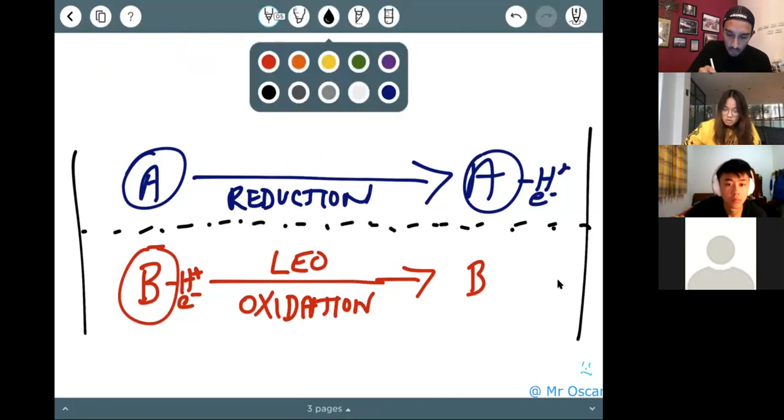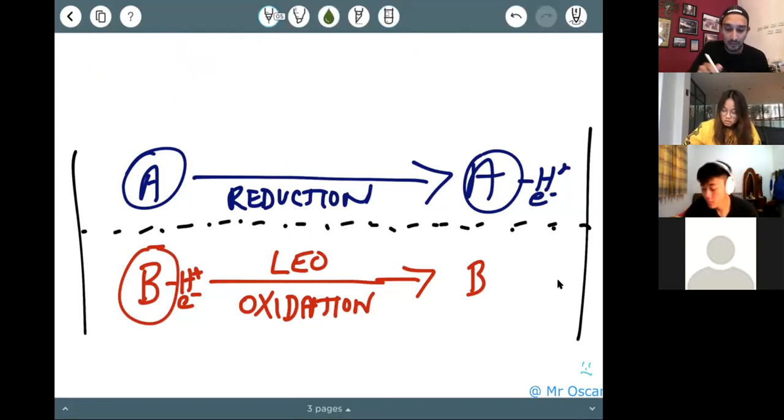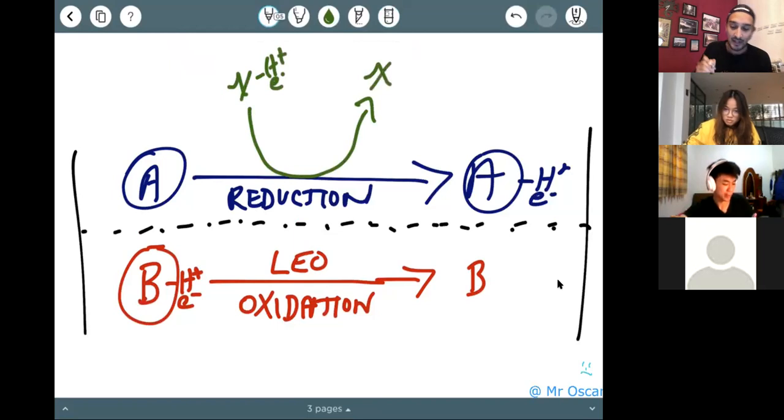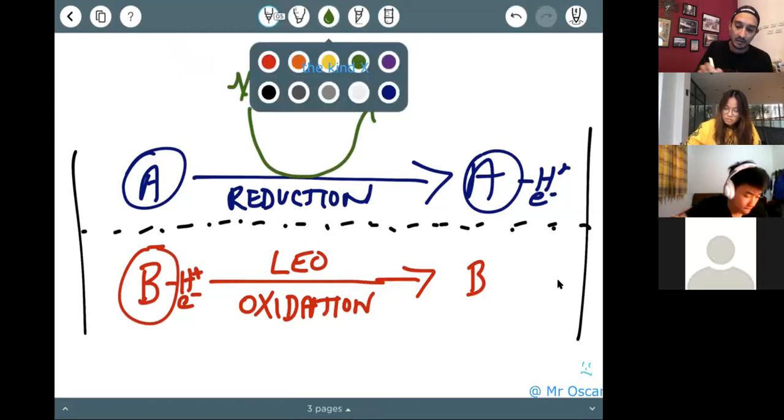But in chem, for A to become A with the hydrogen and electron, someone had to give them the hydrogen and electron, right? So something here, let's call them X, used to have this and then ended up not having it anymore.